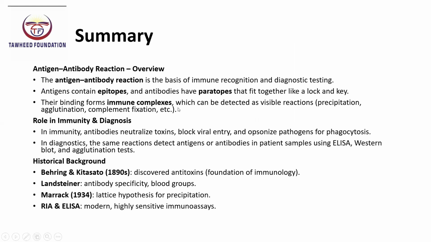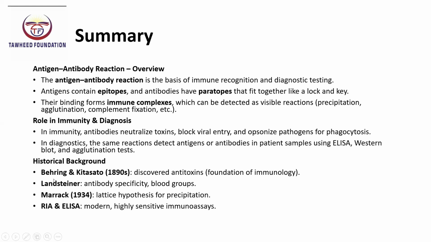Their binding forms immune complexes which can be detected as visible reactions, that is precipitation, agglutination, complement fixation, etc. Role in immunity and diagnosis. In immunity, antibodies neutralize toxins, block viral entry, and opsonize pathogens for phagocytosis. In diagnostics, the same reaction detects antigens or antibodies in patient samples using ELISA, Western blot, and agglutination tests.